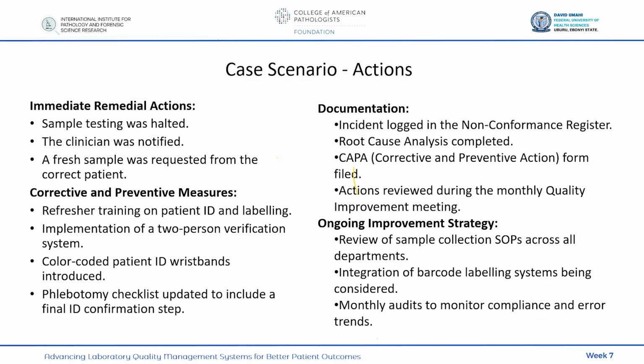And then the corrective and preventive action form should be filled, and the action reviewed during the quality improvement meetings. Whatever action we took should be reviewed in the monthly quality improvement meeting, so that other people will learn.